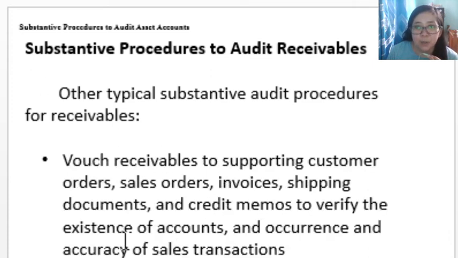Another is to vouch receivables to supporting documents, supporting customer orders, sales order invoices, shipping documents, and credit memos to verify the existence of the accounts and the occurrence and accuracy of the sales transactions. As we have discussed before about vouching, this is where the auditor will start auditing the account balance from the record, and then he has to confirm this record of transactions to the supporting documents.